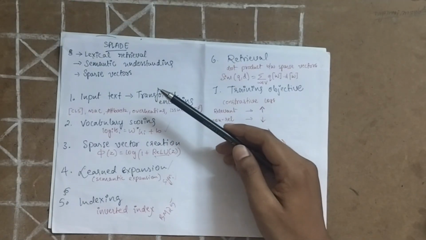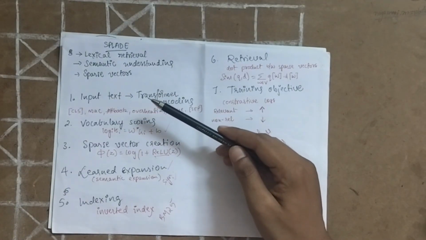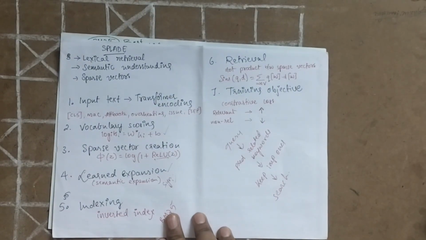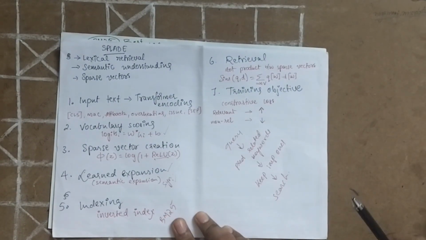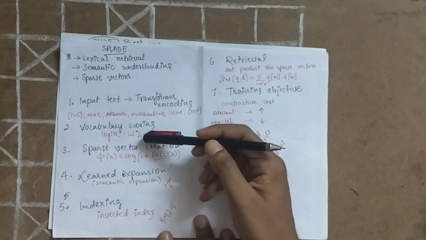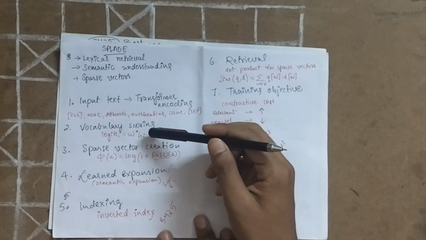SPLADE passes the tokens through a pre-trained BERT encoder, and we'll get hidden states for each token. After that, the vocabulary scoring happens, right? SPLADE uses the MLM head, the masked language model head, for getting the logits over the vocabulary.